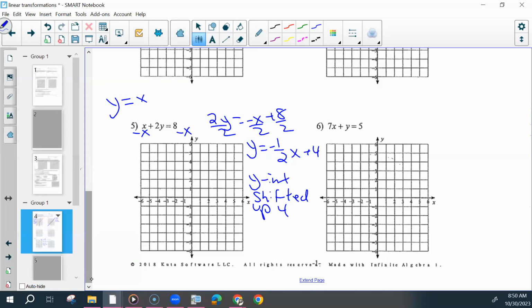Now, is this steeper? Is this a fraction? Less steep by 1/2, or 1/2 times the steep. Something else happened. Slope was reflected. Because of that negative, we have to do that as well.